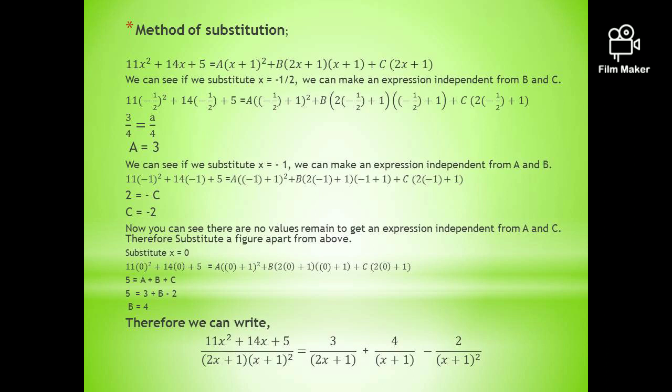Therefore, you can obtain an expression independent from B and C. If you do the substitution, you will understand that 3 over 4 equals A over 4. With that, you can obtain the answer for A as 3.